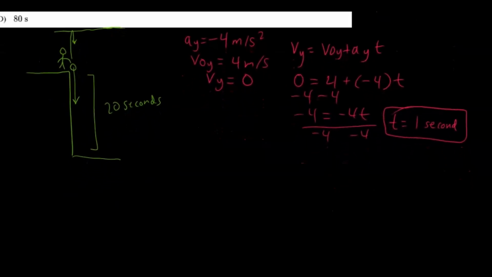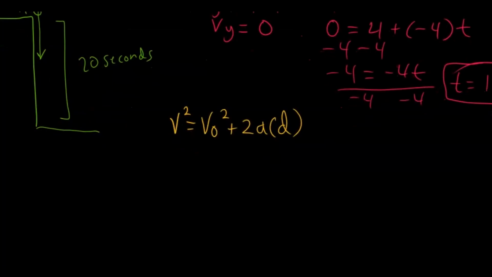Now we want to see how far it traveled in that 1 second. So now we can use another equation. I'm going to switch colors for this. Let's use yellow. The final velocity squared is equal to the initial velocity squared plus 2 times the acceleration times the displacement.